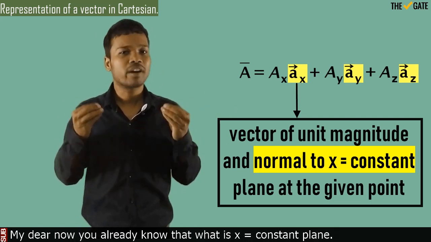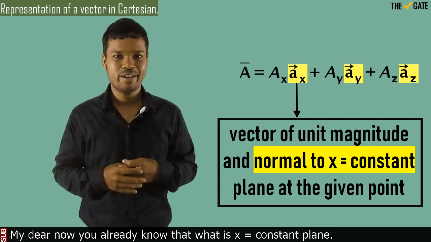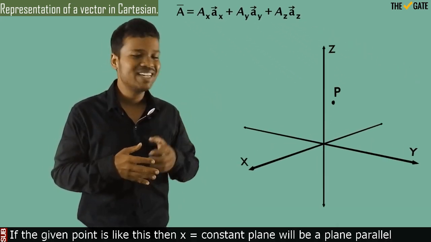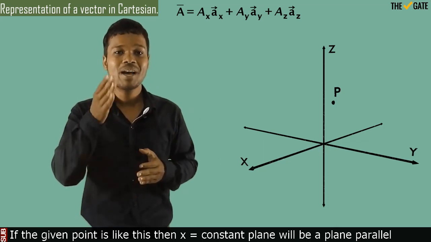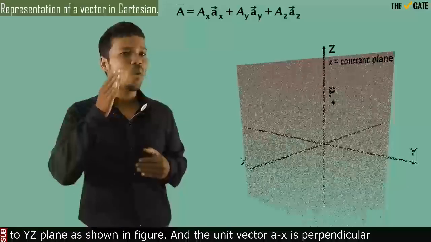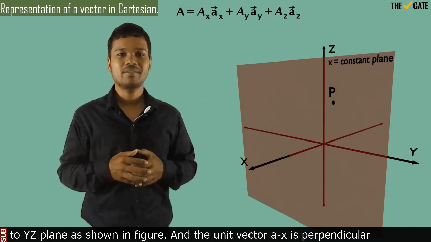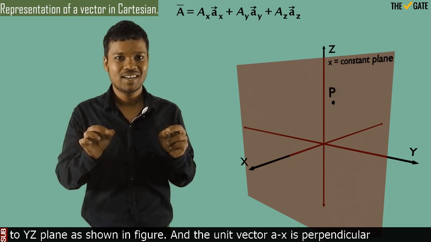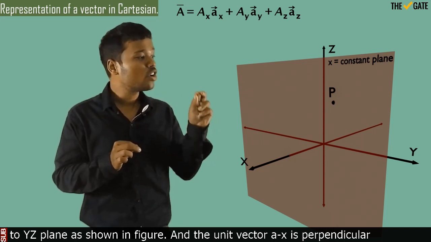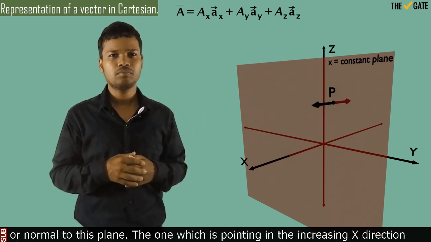You already know what x equal to constant plane is. If the given point is like this, then x equal to constant plane will be a plane parallel to yz plane as shown in the figure. And the unit vector ax is perpendicular or normal to this plane.